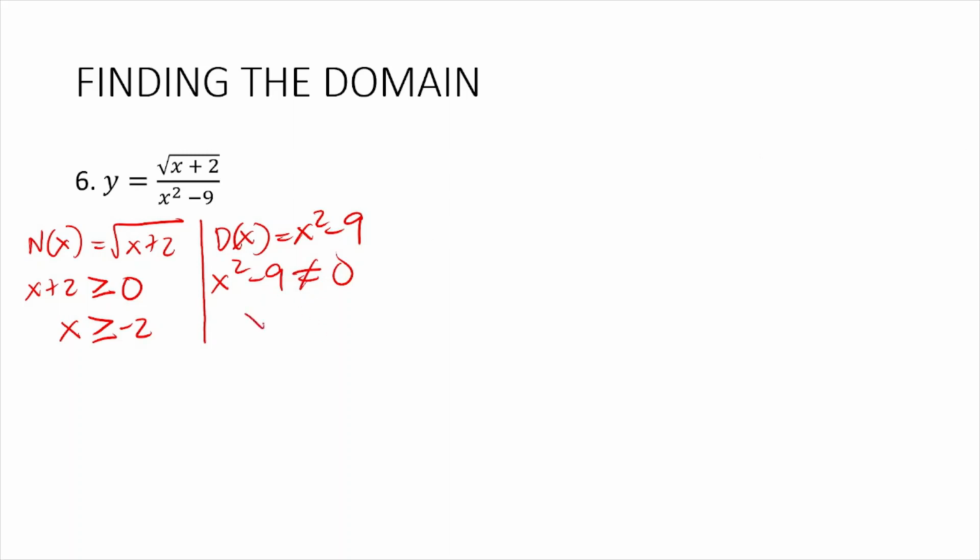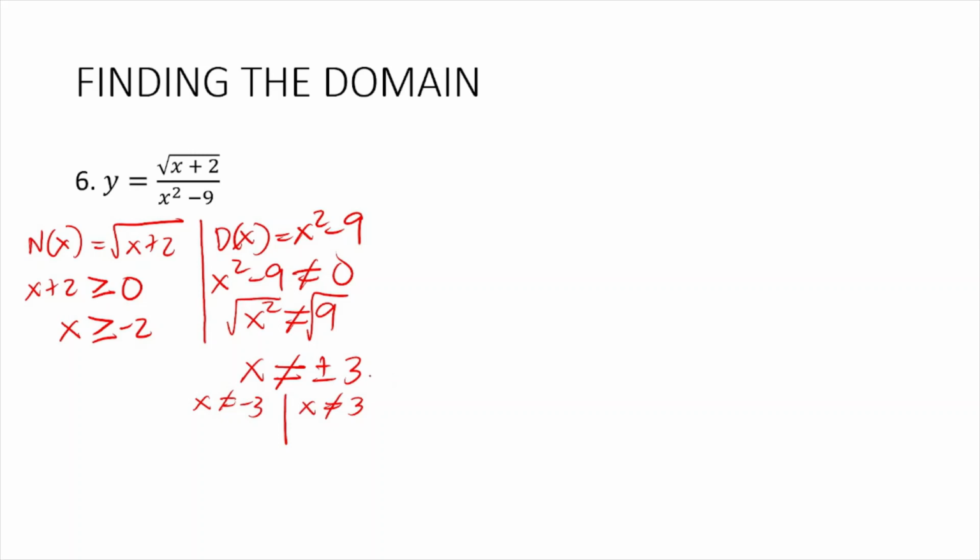So we have x squared not equal to positive 9, and then we take the square root of both sides of the equation. This will give us x must not be equal to positive or negative 3. So we have two solutions for this one: x must not be equal to negative 3, and x must not be equal to positive 3.